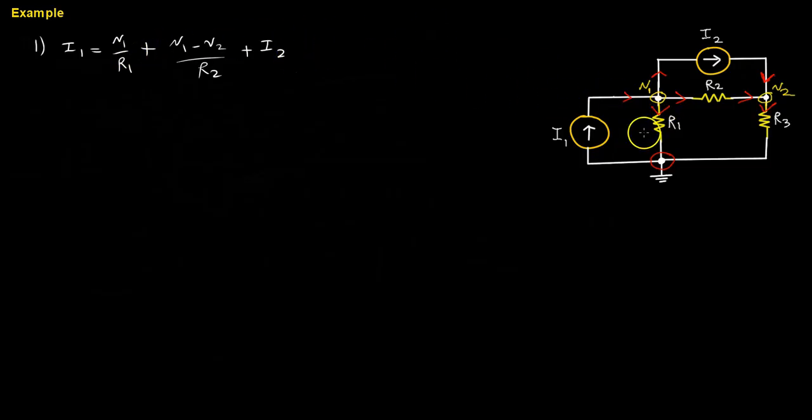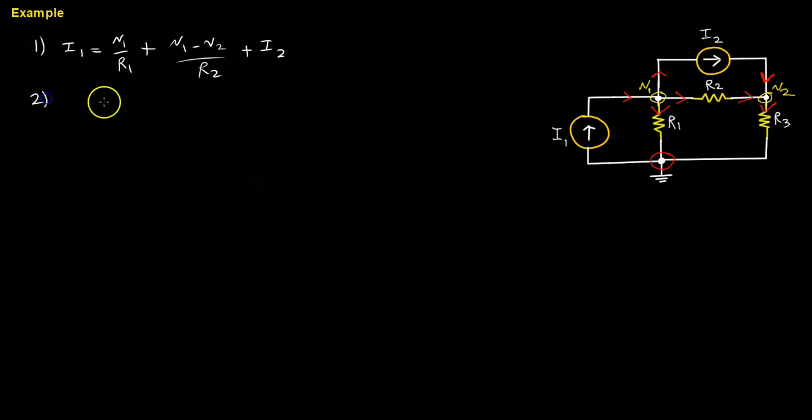V1 over R1 is this current going this way, and the reason we can do that is because we've grounded one of the nodes as the reference node, so the voltage across R1 is V1 with respect to ground. Then V1 minus V2 is the voltage across R2, and dividing by resistance gives you the current, and I2 is simply this ideal current source.